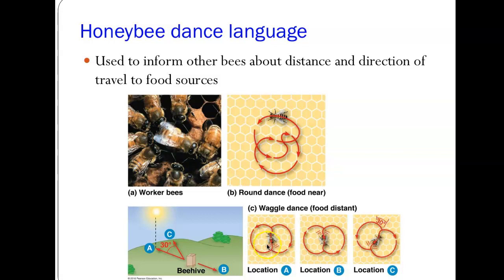The frequency of the shaking is going to tell them exactly how far away the food is, and the angle that the bee is faced. So if this is north, south, east, and west, the angle that the bee is dancing is going to tell the other bees where the food is located.